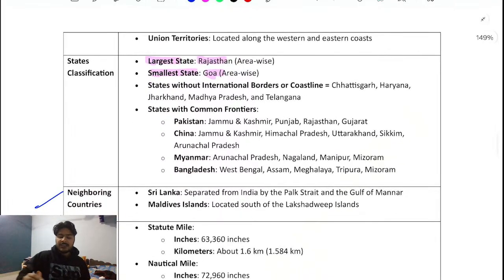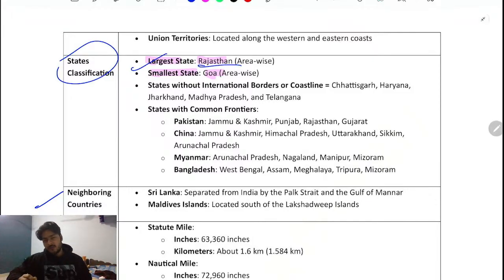Now, the classification of the states: the largest state area wise is Rajasthan, and the smallest state area wise is Goa. Clear? Some of the things you also need to understand are which states form international boundaries with neighboring countries.